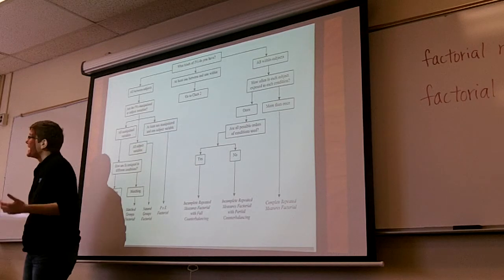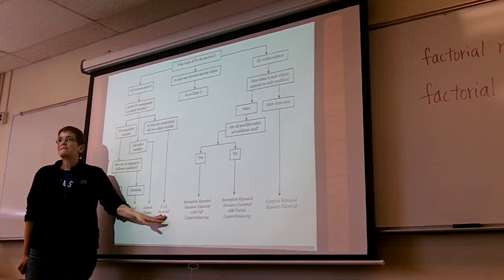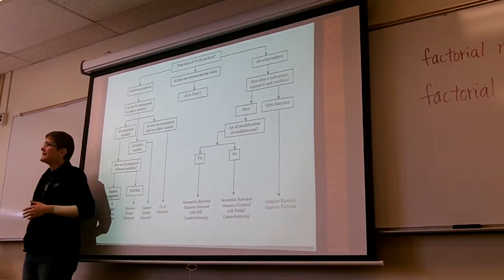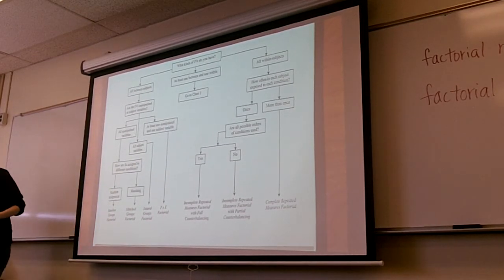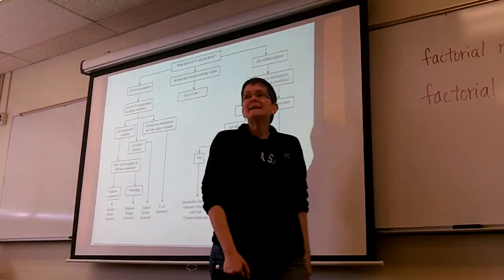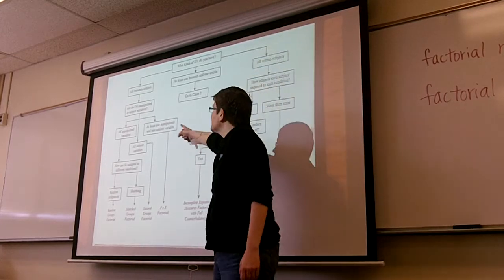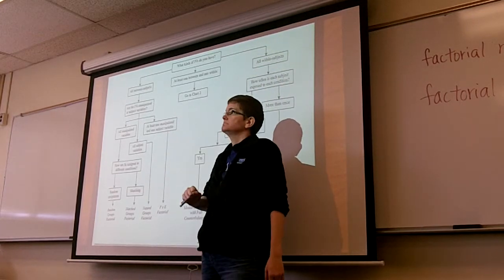The kinds of designs we haven't talked about yet includes things like P and E factorial. A P by E or P and E factorial. P stands for participant, E stands for environment. P and E factorials are designs where you've always got one manipulated variable and one subject variable.